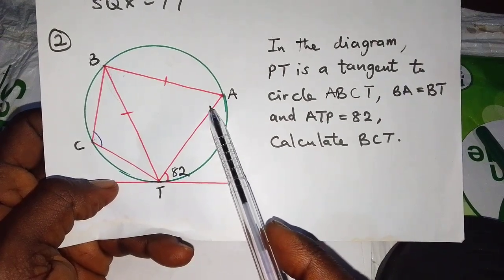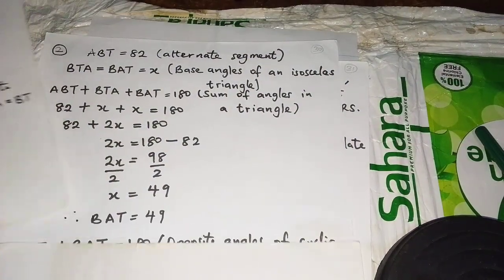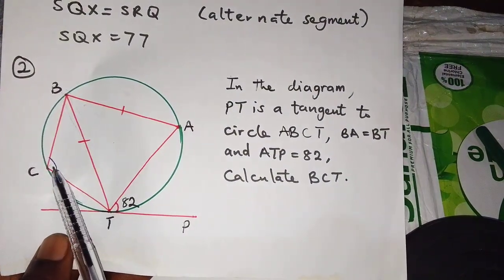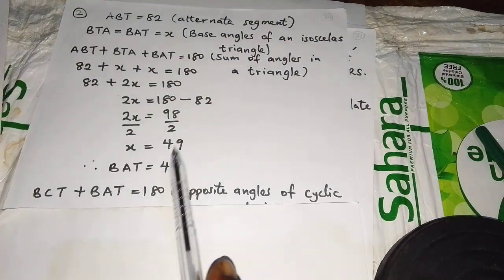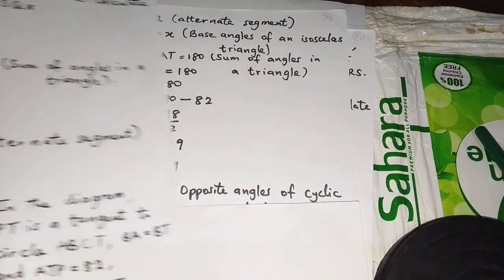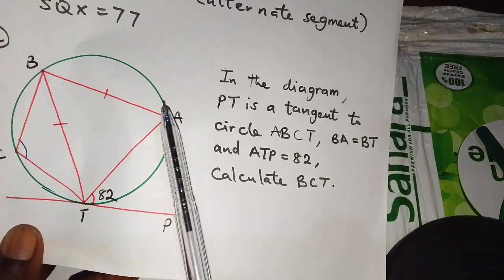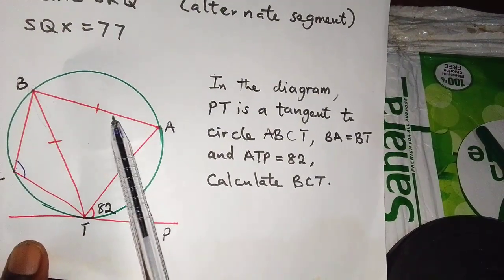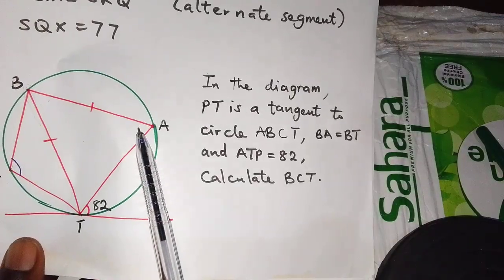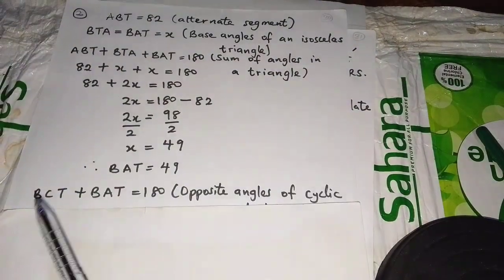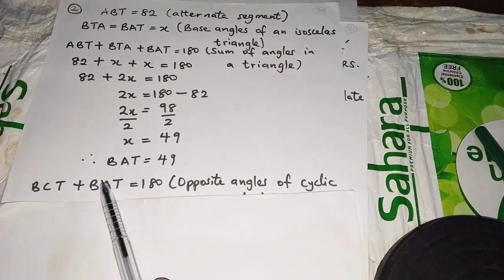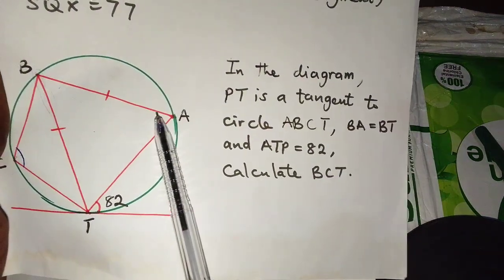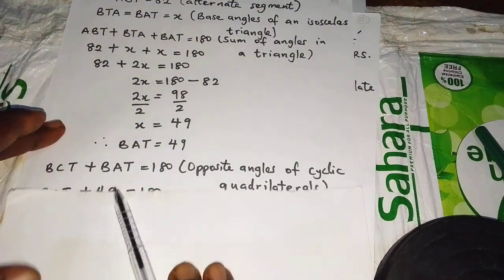So since you have known this one to be 82, it means 82 plus this angle should be equal to 180. So we know that your BAT is 82. Then this BAT is 49. 49 plus this BCT. So BCT plus BAT should be equal to 180. We've calculated BAT, this angle here, to be what? 49.